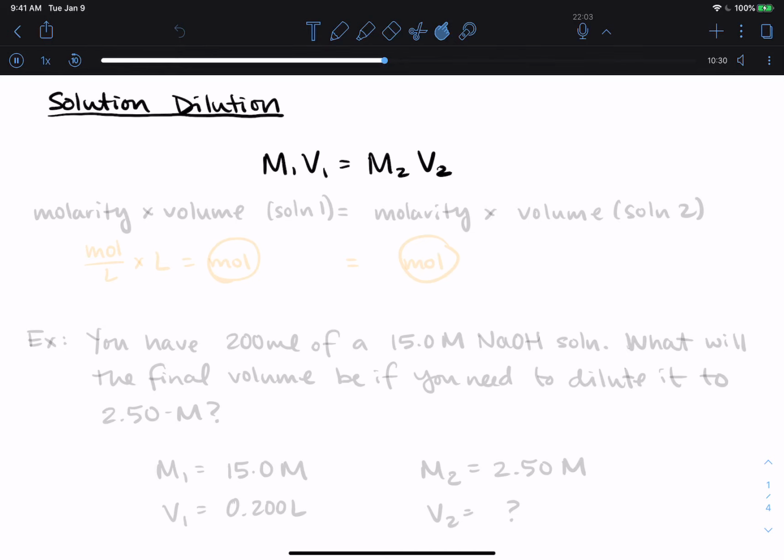And what this is saying is that the molarity times the volume for solution 1 is equal to the molarity times the volume for solution 2.